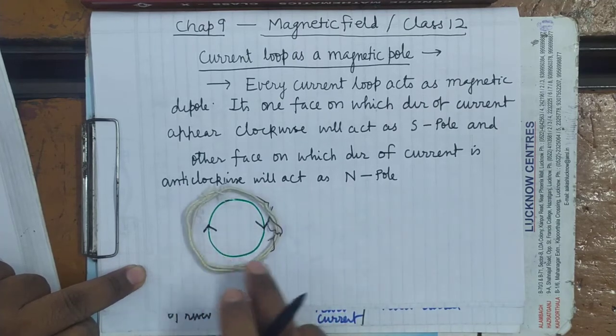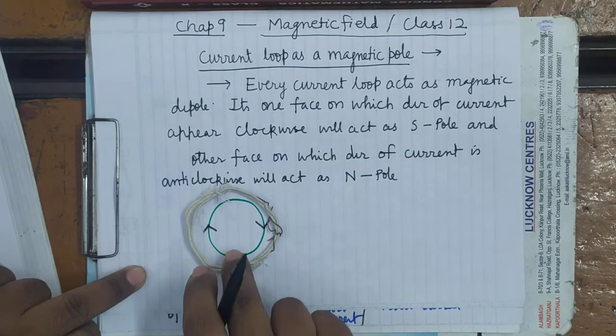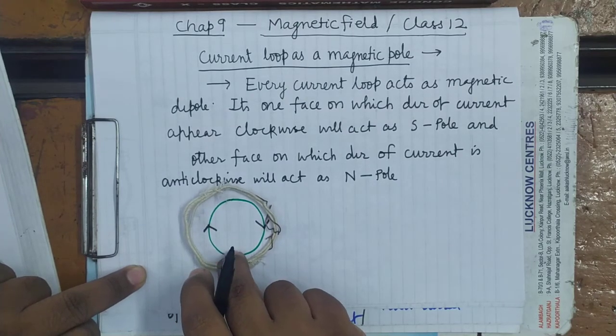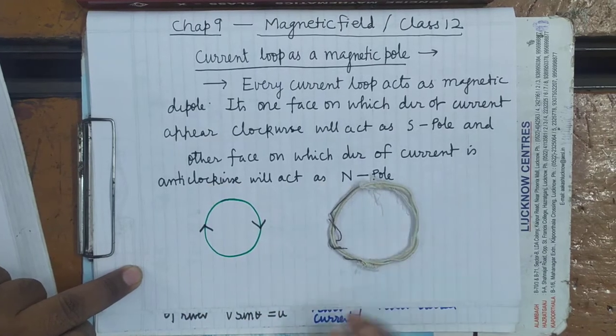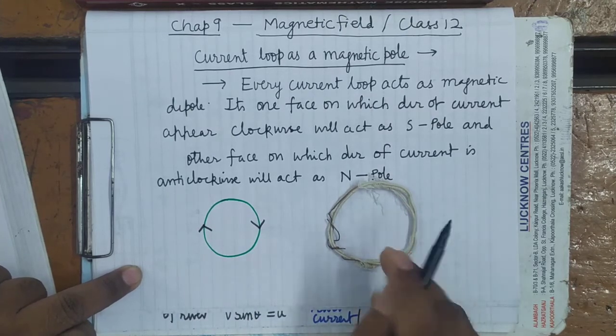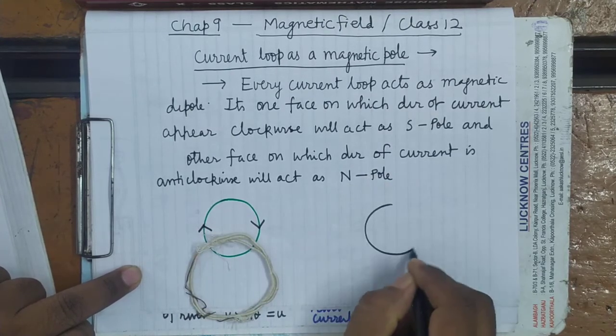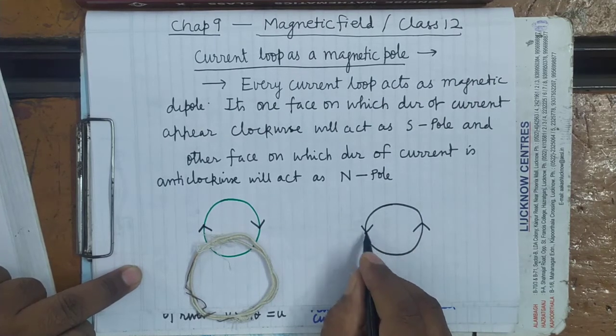You can see here, on this side there is the downward arrow, and on this side the upward arrow. If you reverse the face, the upward arrow will go to that side.